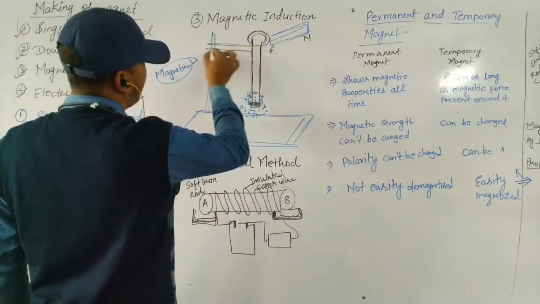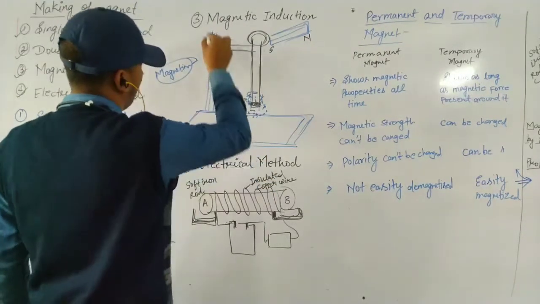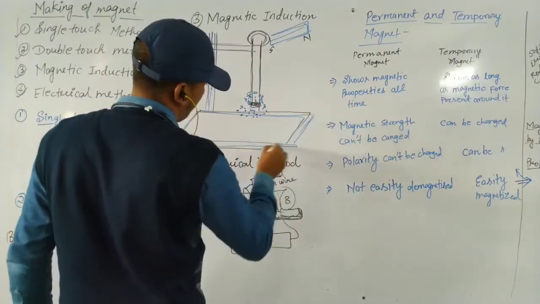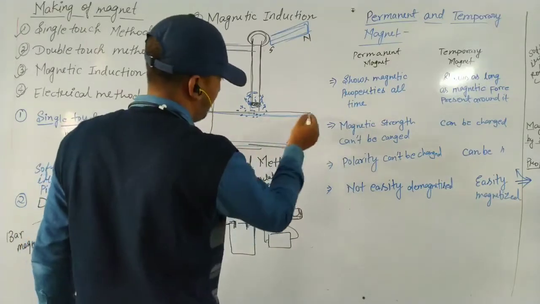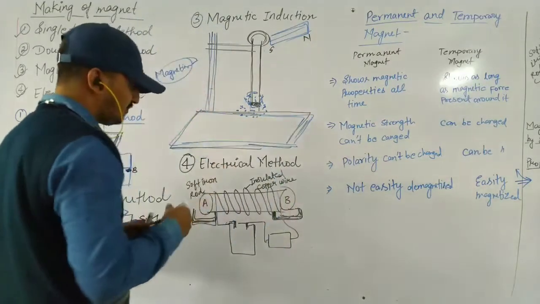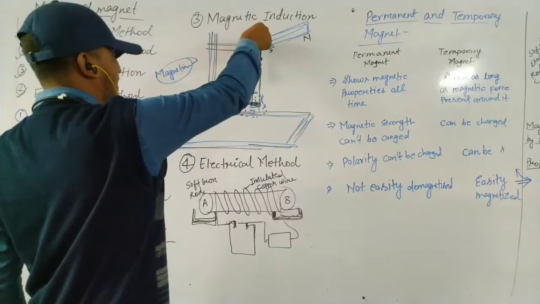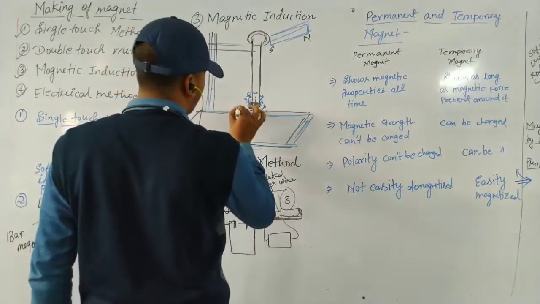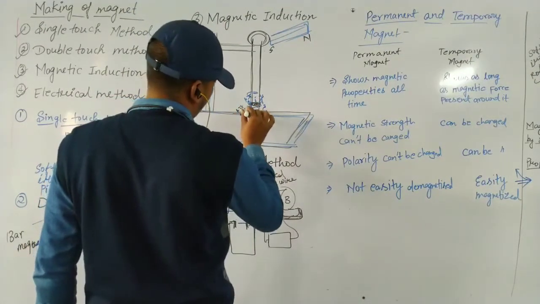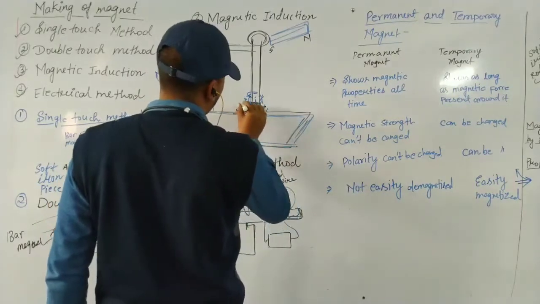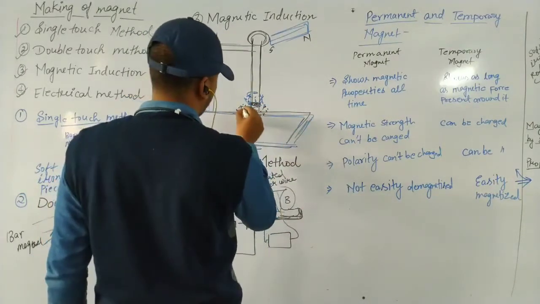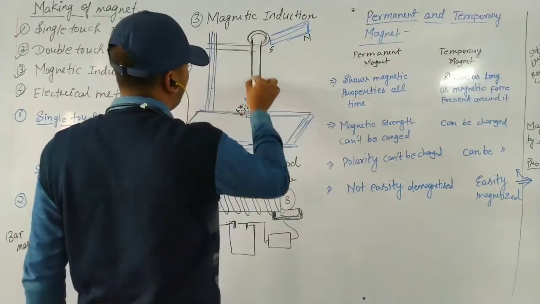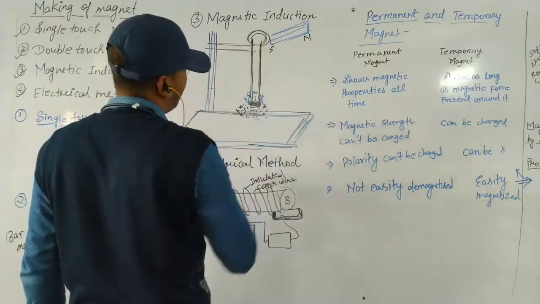Hold this iron nail by a small stand, just above a normal wooden surface, and keep some small iron particles, small iron strings, here. In normal conditions, nothing happens.